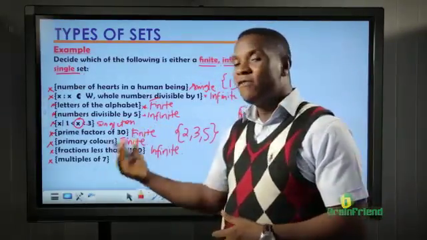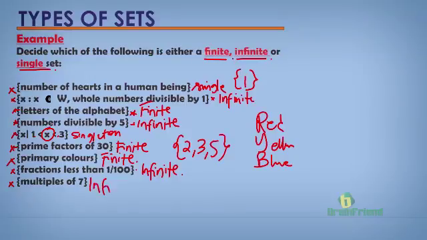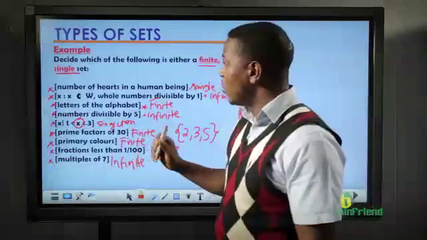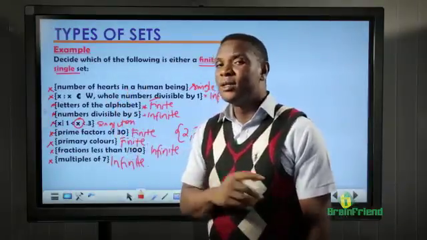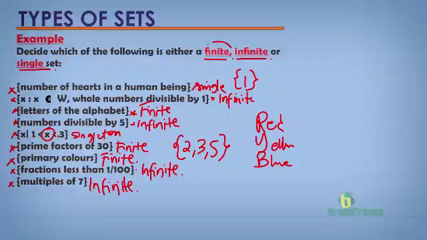So we have an infinite number of multiples of 7. That's why we refer to such a set as an infinite set. So now we can easily distinguish between a finite set, an infinite set, and of course a single set. Let's go on to learn about other types of sets.